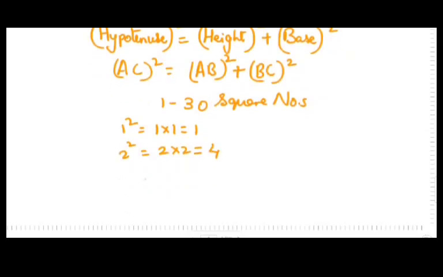And this is how you need to proceed till 30 square, which is 30 into 30, which is 900. If you know your square numbers from 1 to 30, this chapter really becomes easy for you. You don't spend a lot of time calculating or multiplying all numbers.